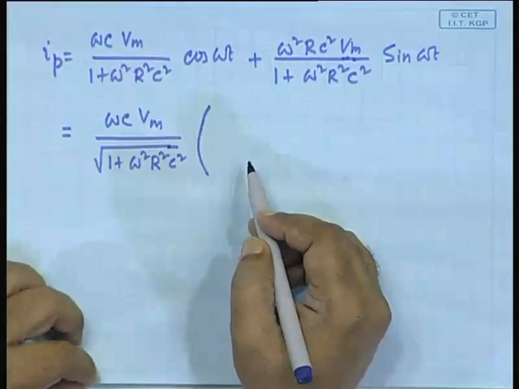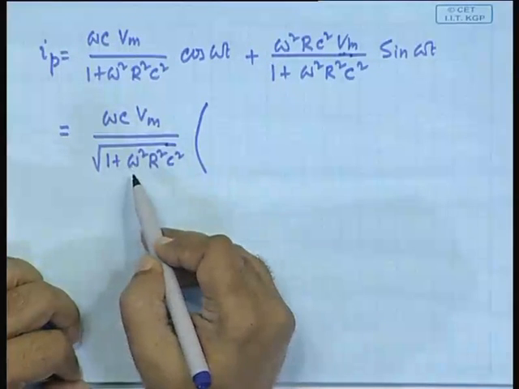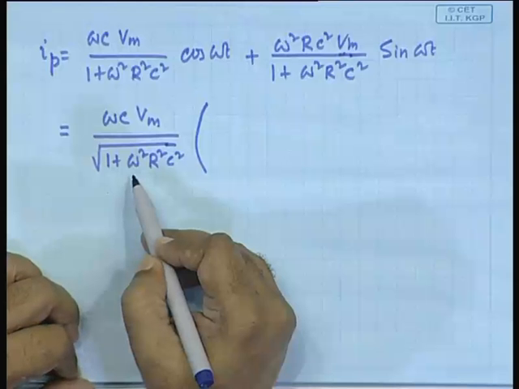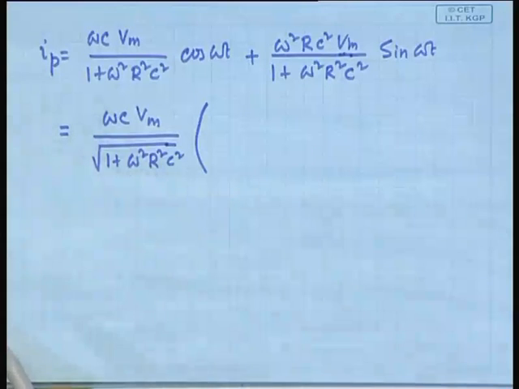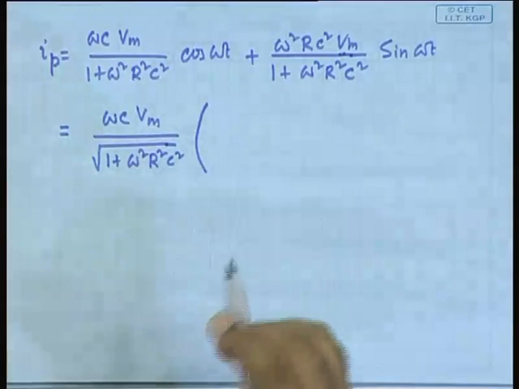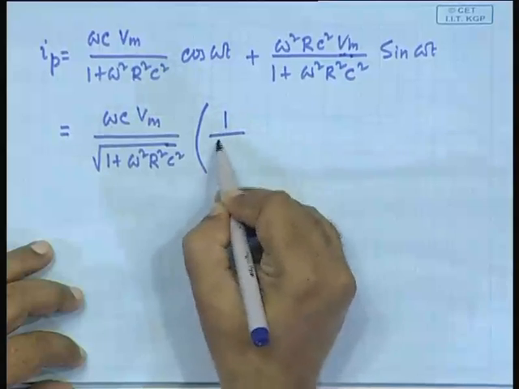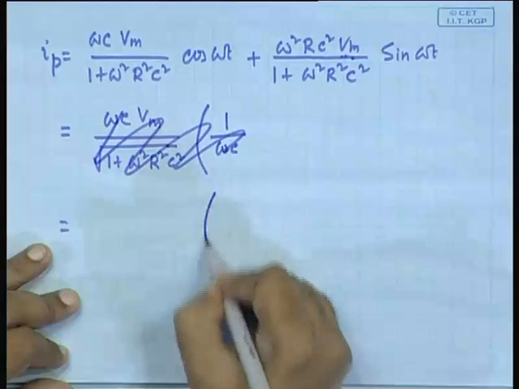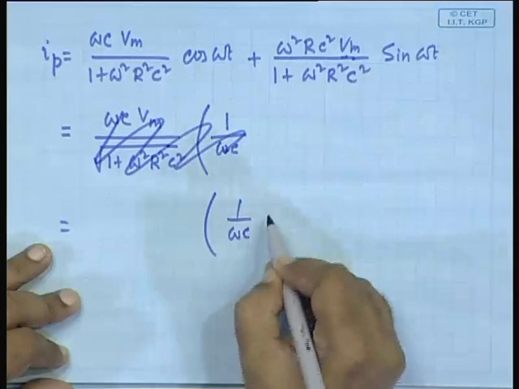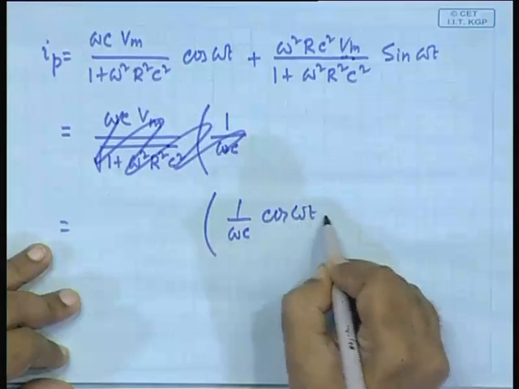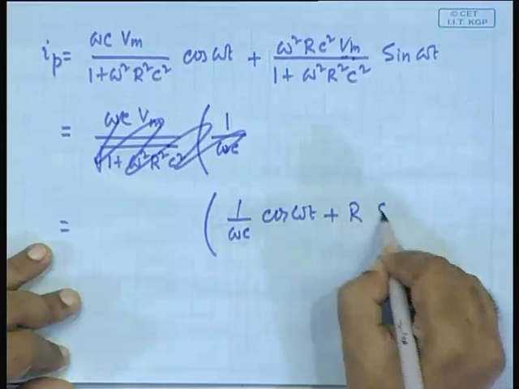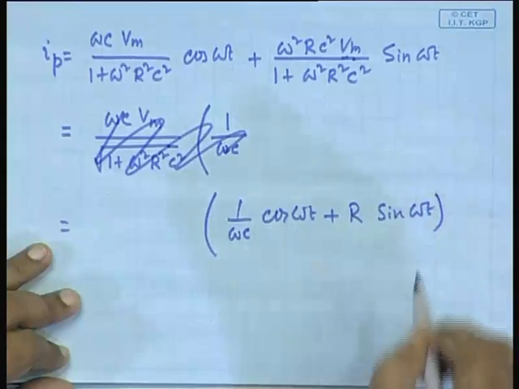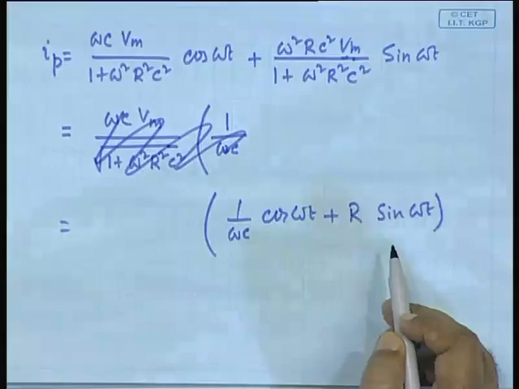Inside we will have another root over 1 plus omega square r square c square. How does it help? It will be far easier if we keep this. I'll write it separately. If you keep 1 by omega c cos omega t plus r sin omega t, you will see what I am driving at.